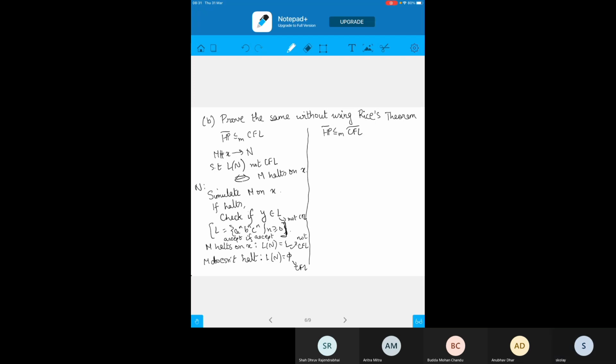Okay, so now what about the complement of HP? You want that M#X reduces to some N such that M does not halt on X if and only if L of N is not CFL. Previously we were showing that if M halts, then it is not a CFL.